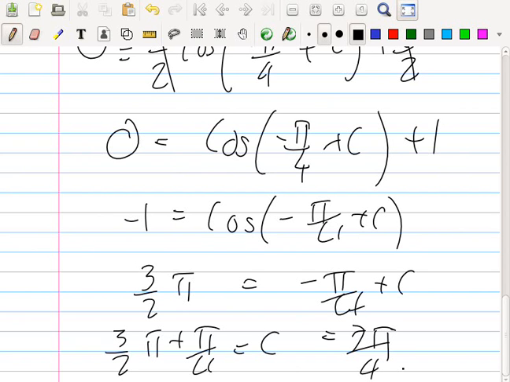Did you check that that's right, Ahmed? Get checking. Cos inverse of minus 1 is 3 pi over 2, isn't it? Cos inverse of minus 1 in radian mode. It's pi. Well, thank you.